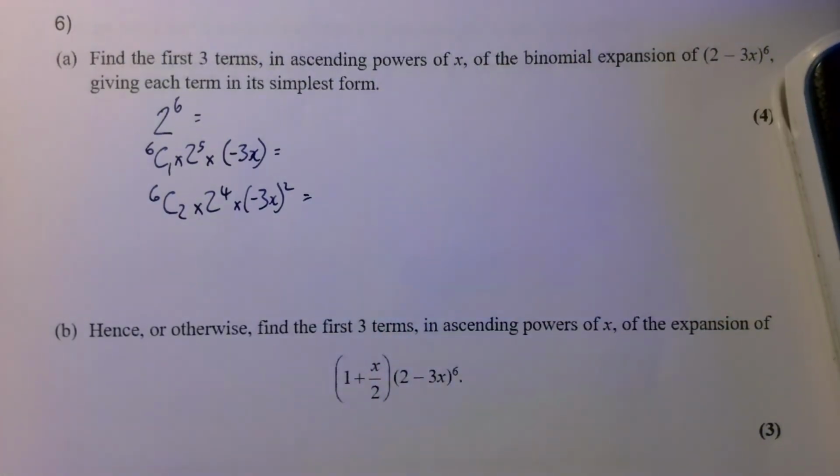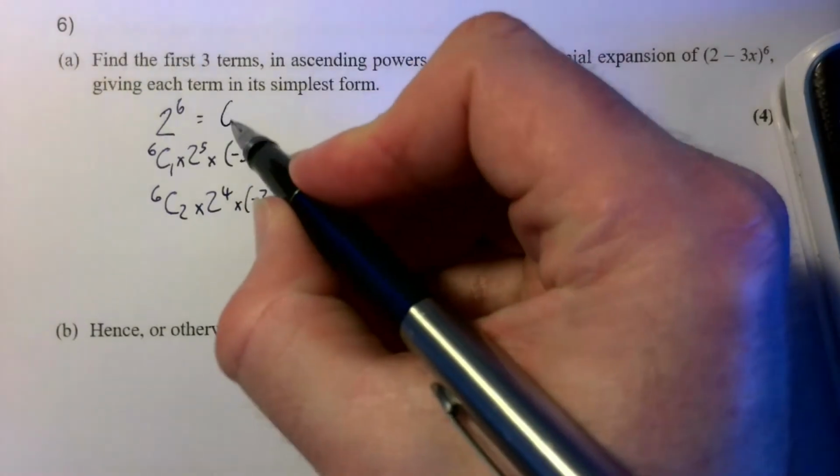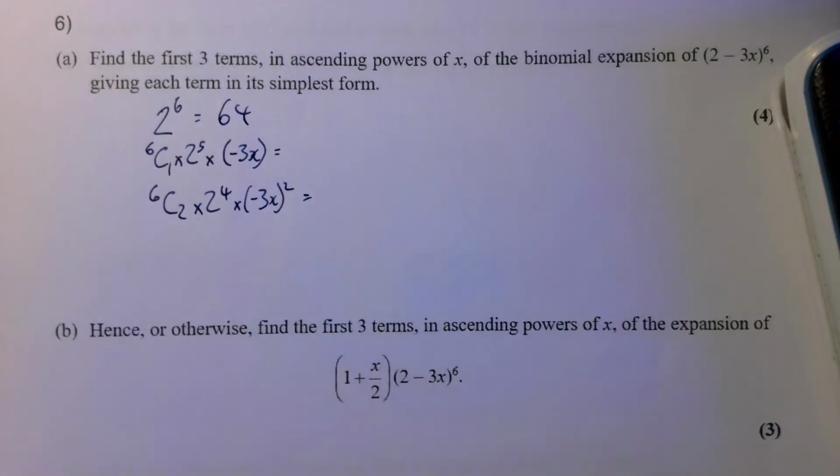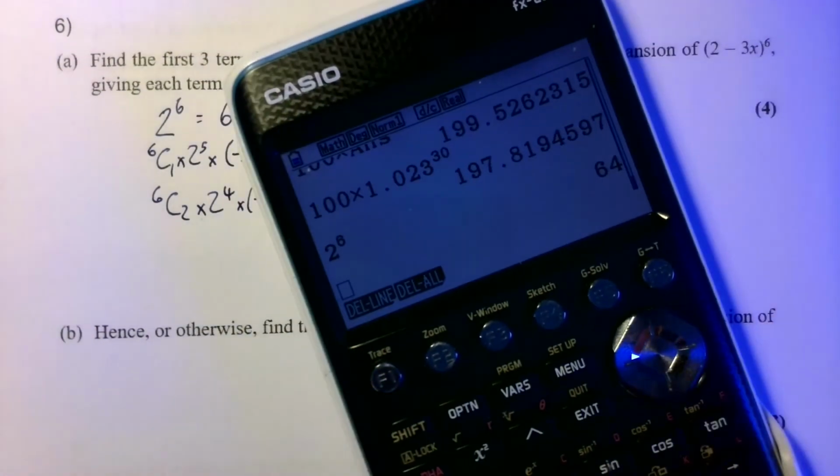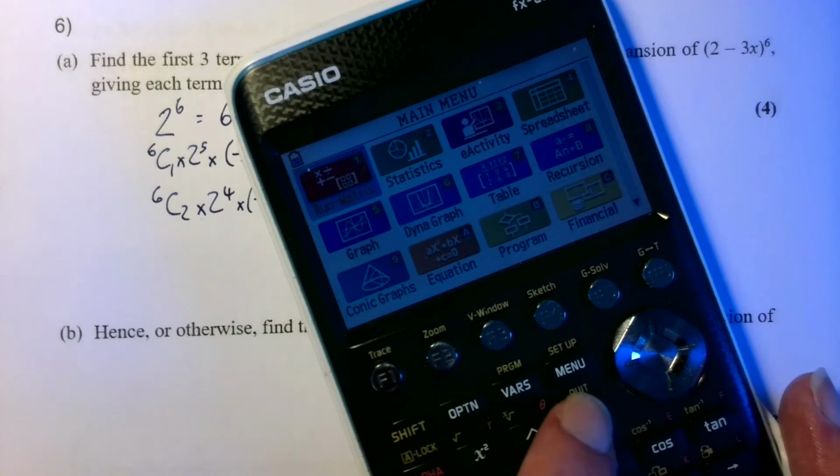2 to the power 6 is 64. 6 choose 1. Now just checking we know how to get that.